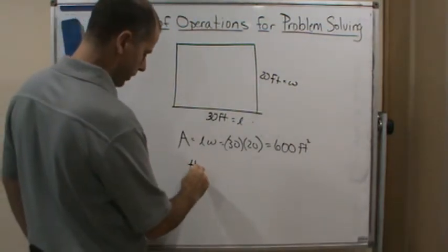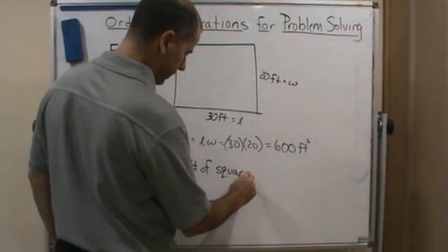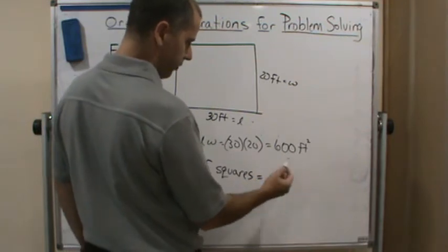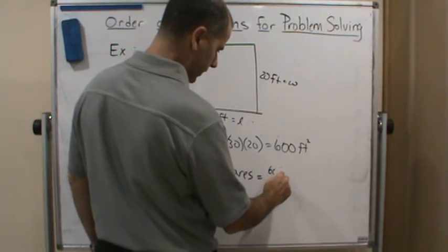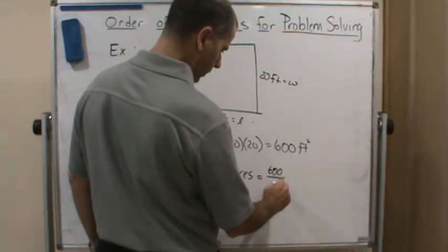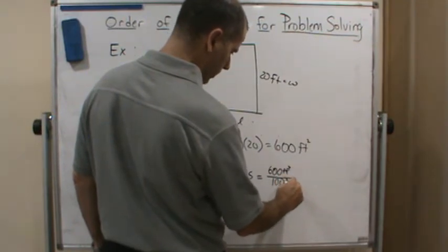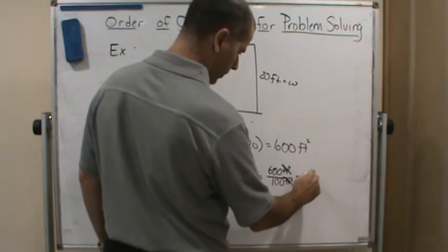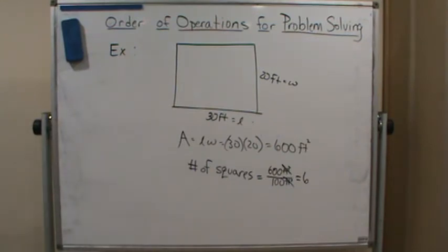Each square is 100 square feet. So we're just going to divide this by 100 square feet. The number of squares is going to be 600 divided by 100 square feet. The units drop out, so the number of squares is 6. So we're going to need 6 squares.